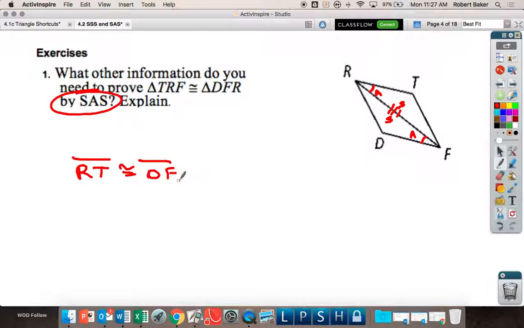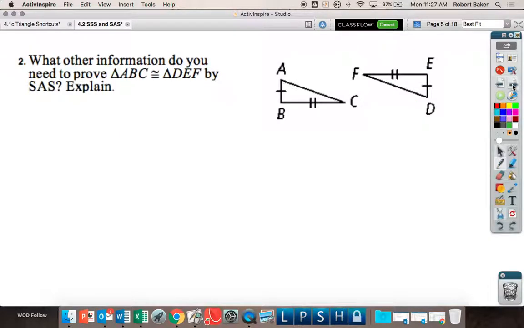I have to choose this side and this side. If I chose the other side, it would be the ASS shortcut, and it wouldn't prove anything. Does that make sense? It is key, you guys, to see that the angle has to be included between the two sides that you pick.